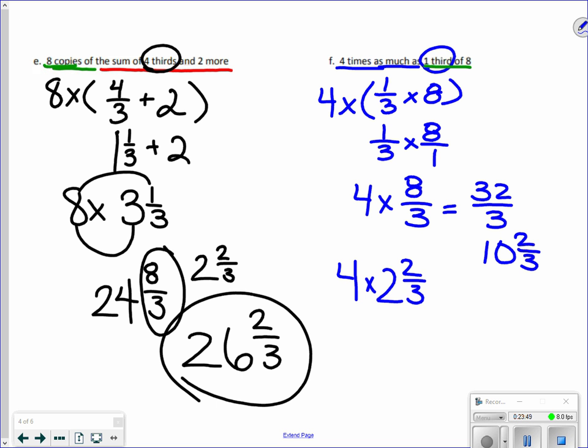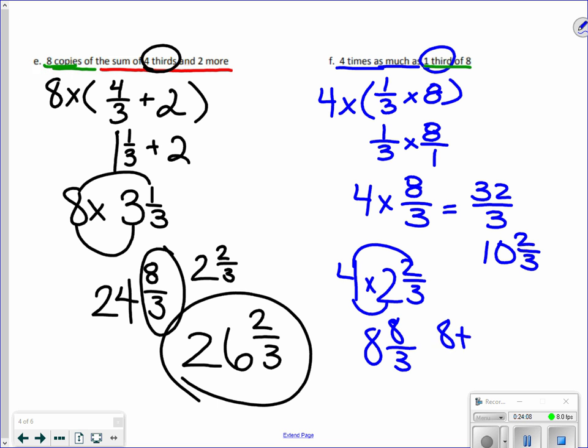Well, then I get 4 times 2 is 8, 8 8/3, and then I'm stuck having to go, okay, 8/3, again, that's 2 2/3.